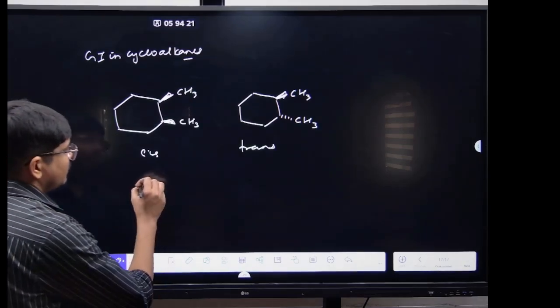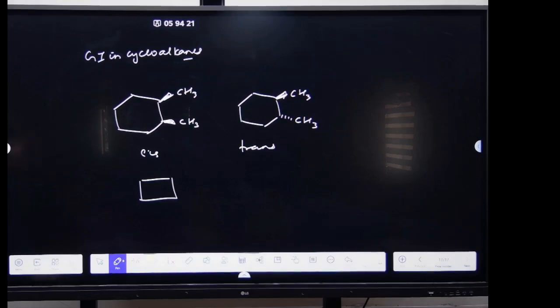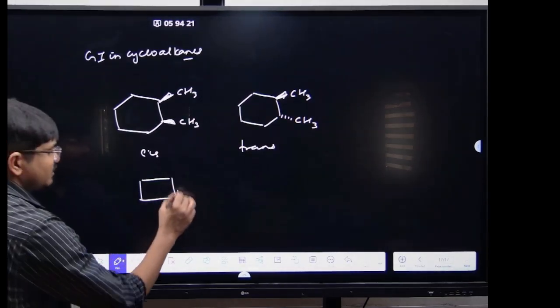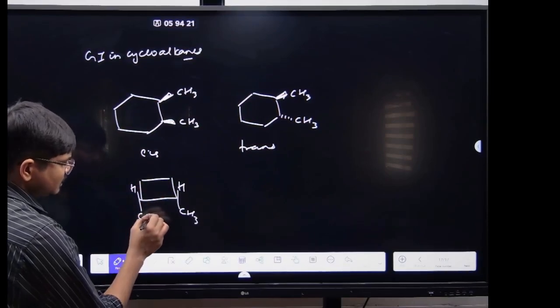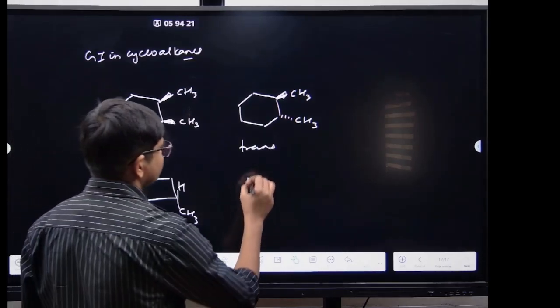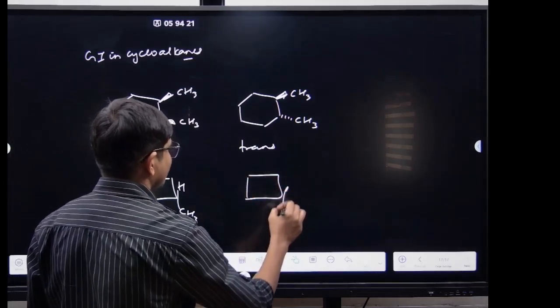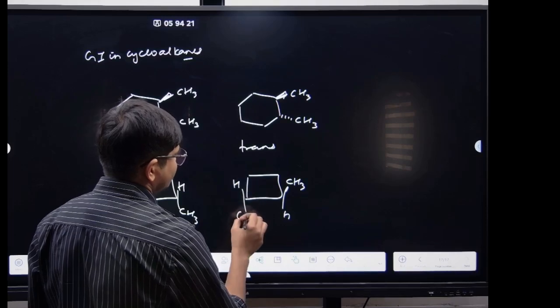Similarly, you have this example. Suppose you see the double bond, right? The cyclobutane is there. So look here, suppose hydrogen and CH3, hydrogen and CH3, right? This is basically your cis one. Again, I can draw the structure like this also. You have CH3 above and you have the hydrogen and the CH3 like this.